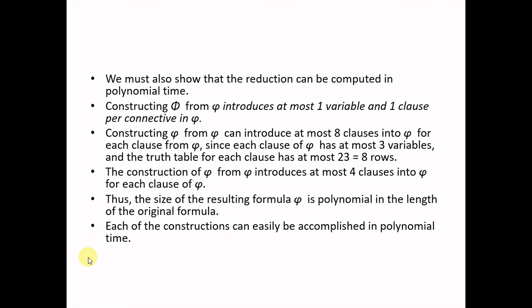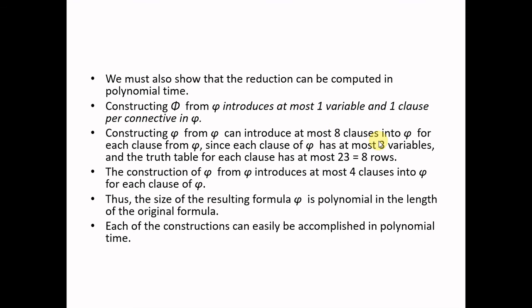Then constructing phi double dash from phi dash can introduce at most 8 clauses for each clause from phi dash, since each clause has at most 3 variables and the truth table for each clause has at most 2 power 3, that is equal to 8 rows.